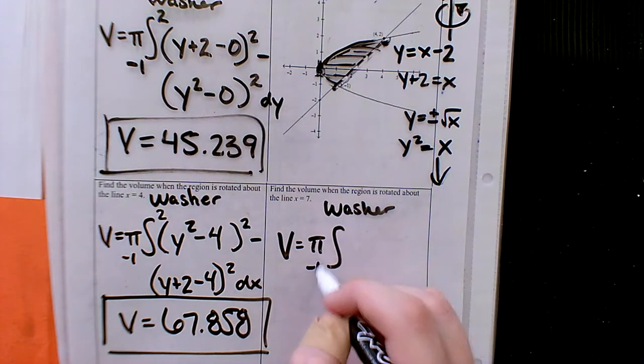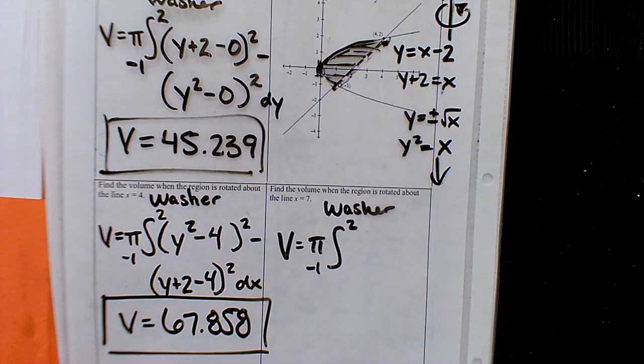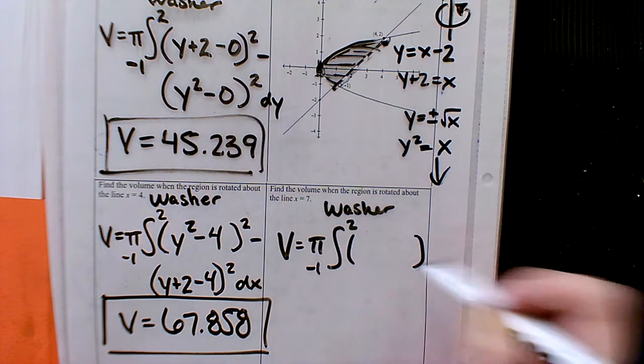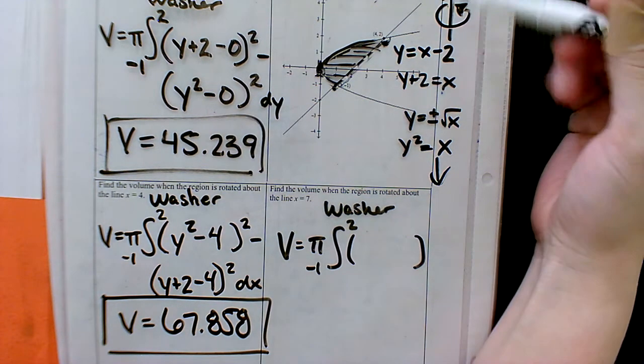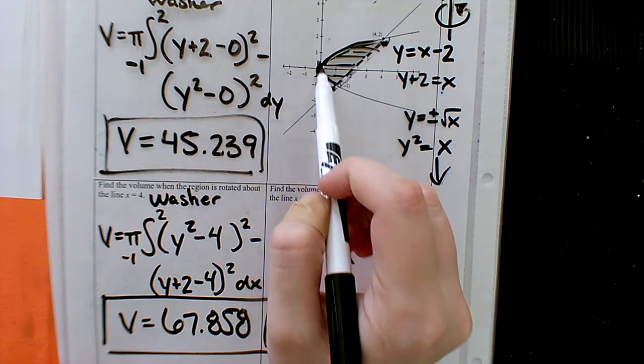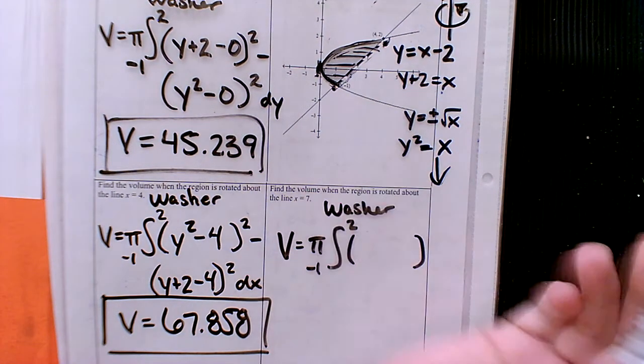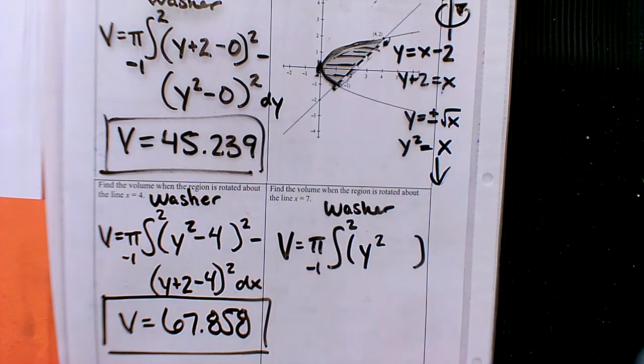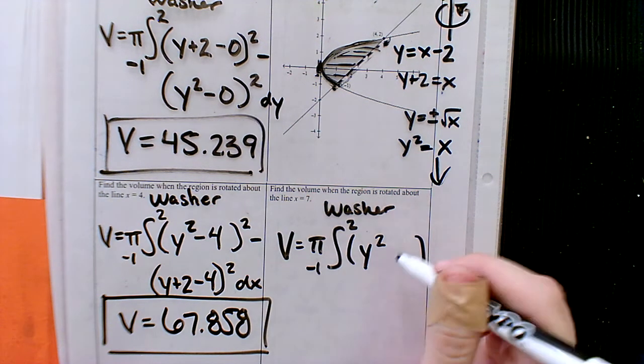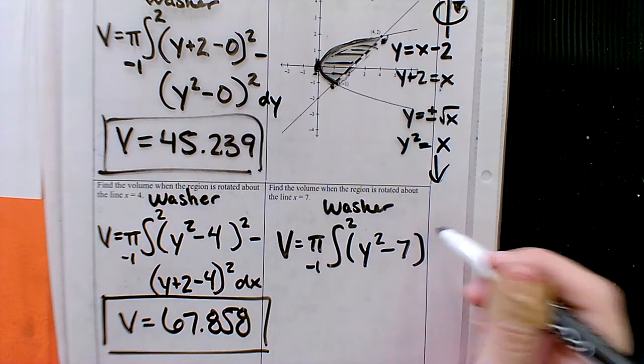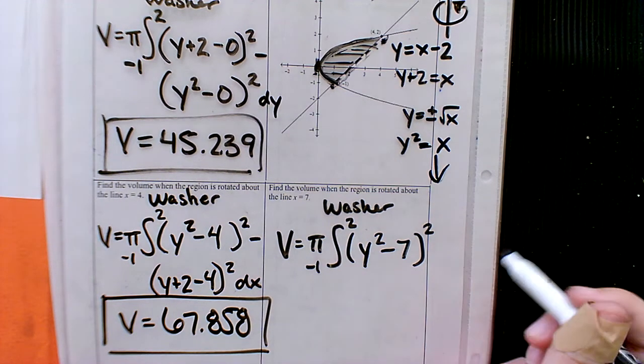Our bounds are still -1 to 2. So in relation to this new axis, the outer function or furthest away function is the curve. That was y squared. And then subtract the axis we are revolving around, which is that value of 7.